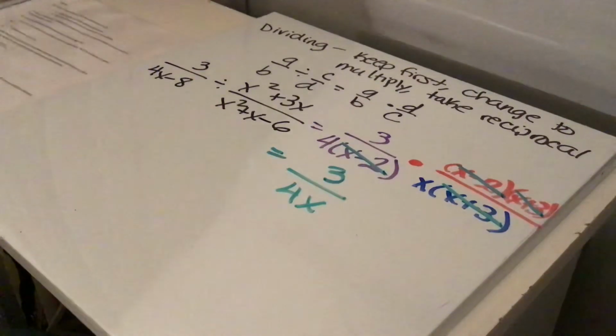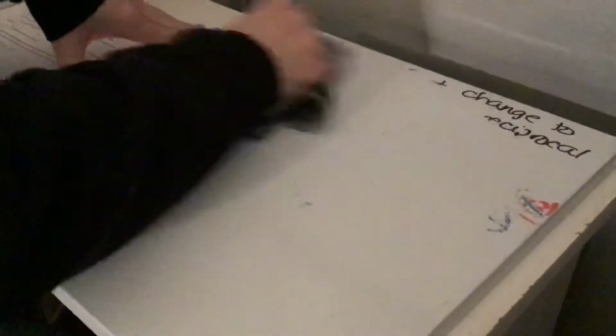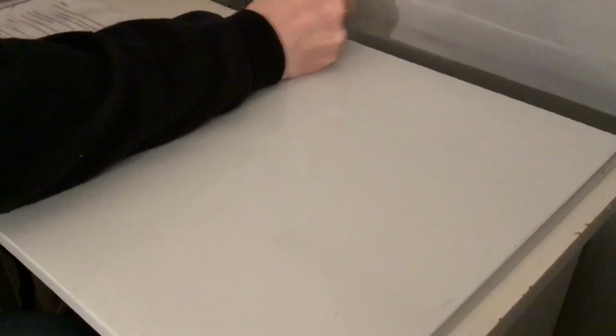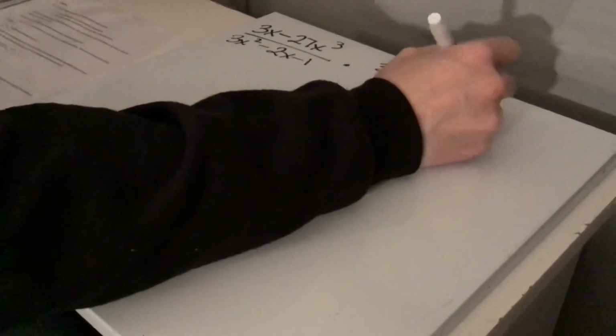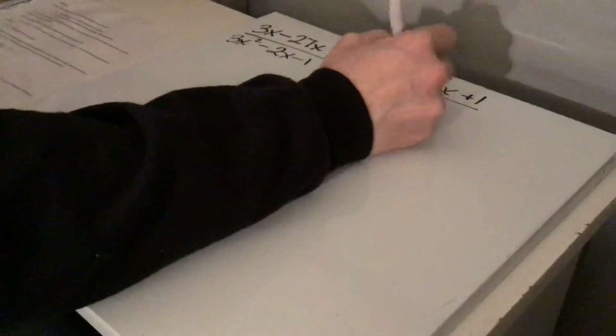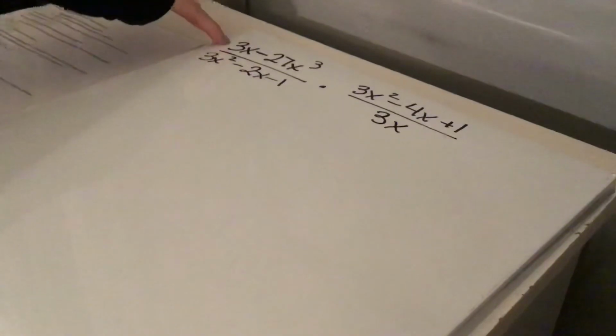Okay? So let's look at a couple more examples, okay? So how about 3x minus 27x cubed over 3x squared minus 2x minus 1 times 3x squared minus 4x plus 1 divided by 3x. Okay, so multiplication means we just multiply across. So we're going to factor everything. So the first one, we are going to take out a 3x.